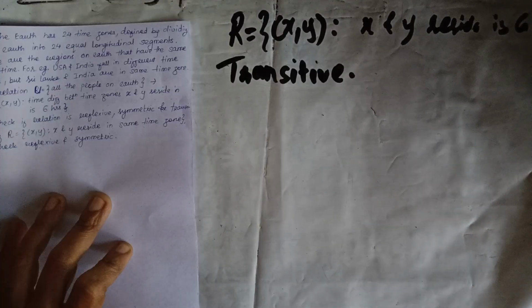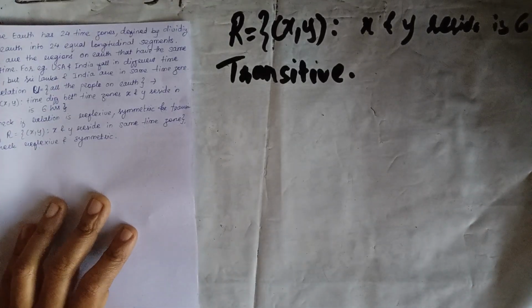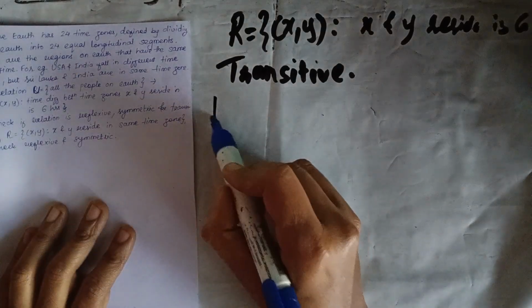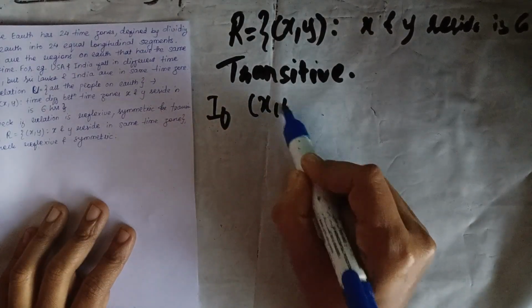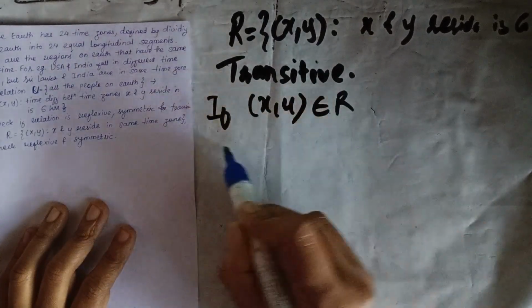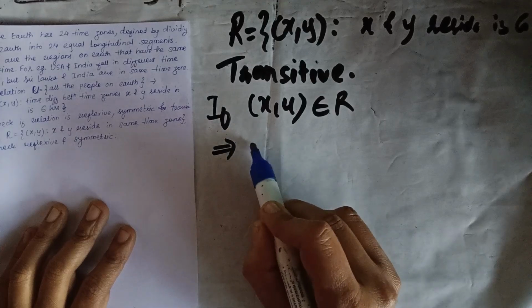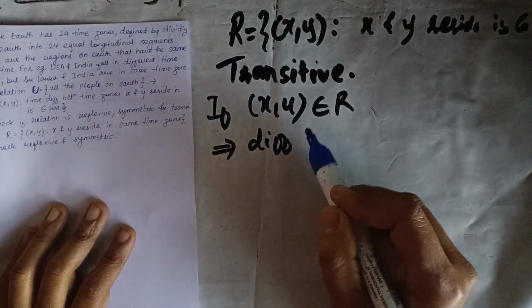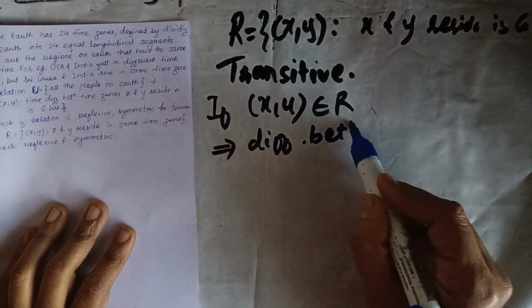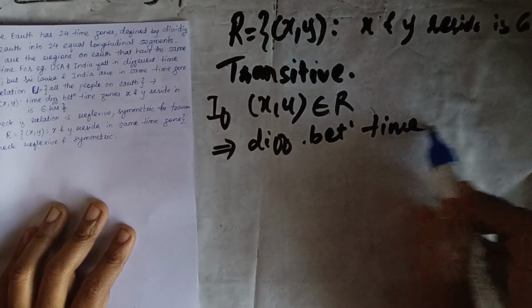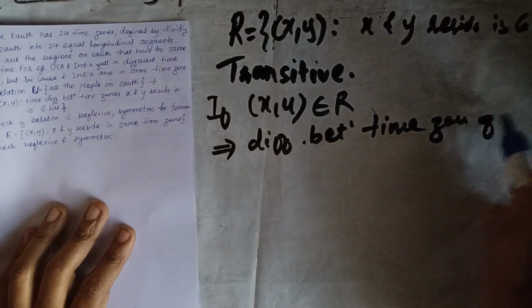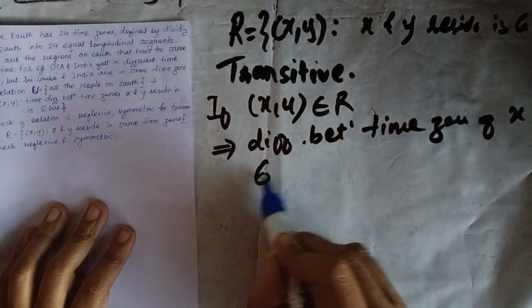Okay. Next, we'll check for transitivity. If x comma y belongs to R, then we can say that the difference between the time zone of x and y is 6 hours.